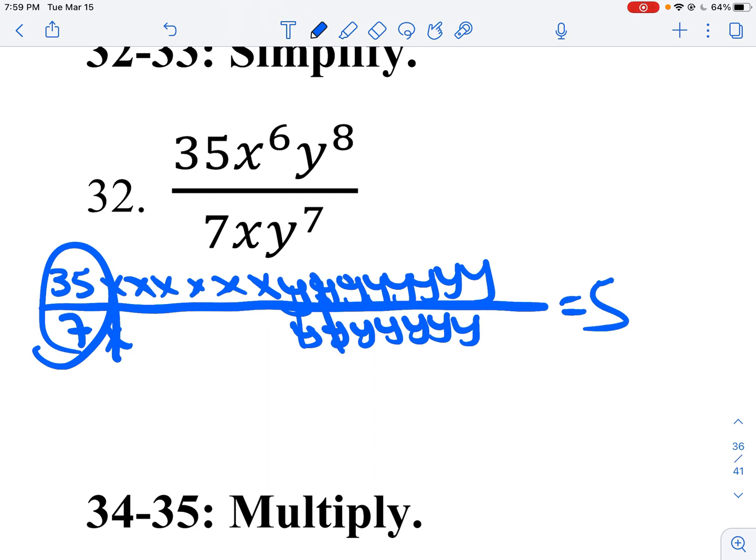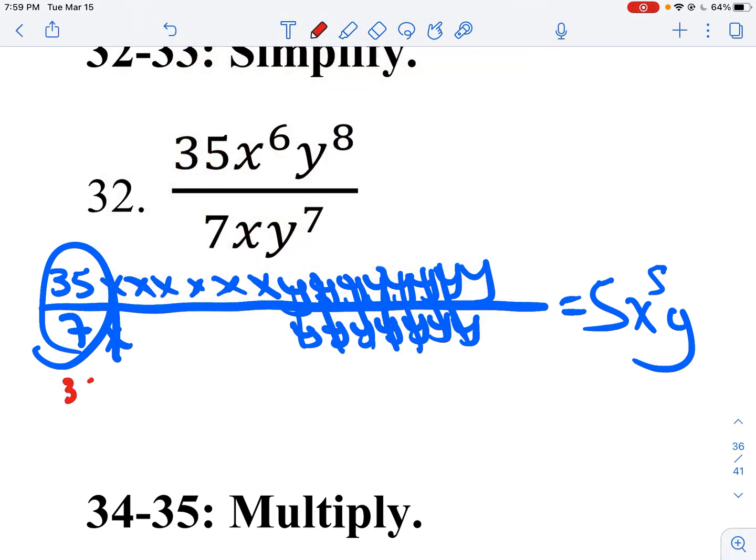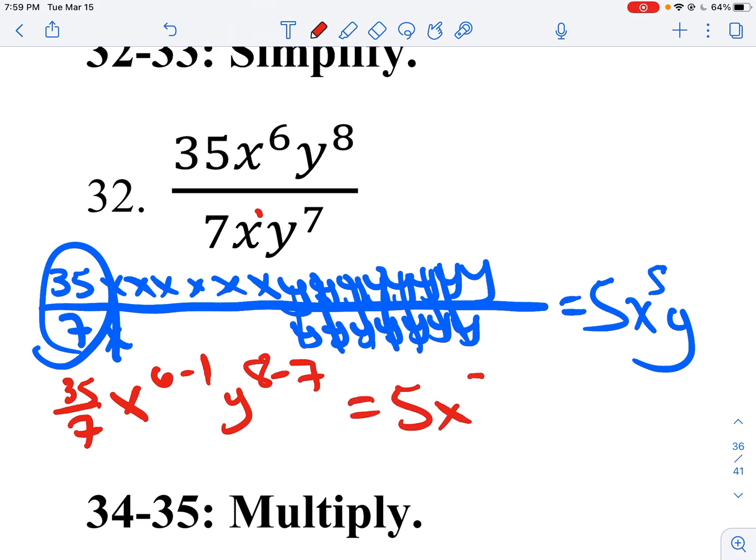Cancel, cancel, cancel, cancel, cancel, cancel. So I'm left with x to the 5th and y. Now, if I was to use the property, 35 over 7, x to the 6 minus 1, because remember there's an exponent of 1, 8 minus 7, I would get 5x to the 5th and y.